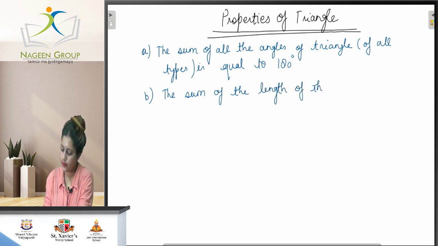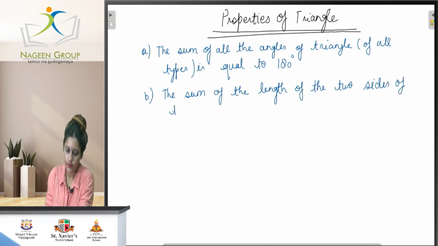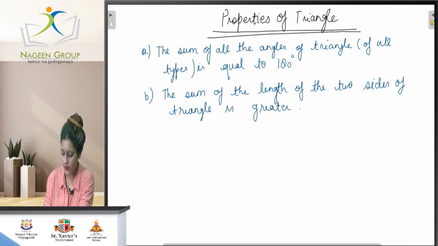B, the sum of the lengths of two sides of a triangle is greater than the third side.